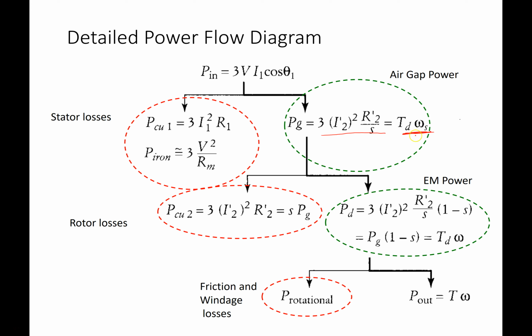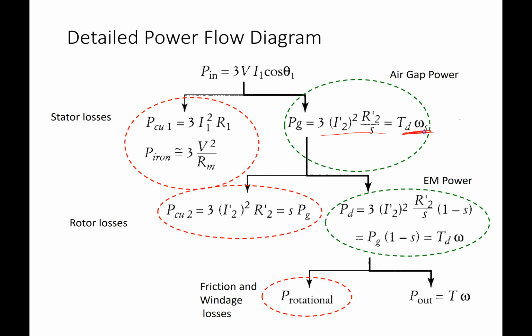Notice very importantly that when we work with TD omega S, there is no 3. This is not a per phase system, because this is the actual torque developed by the machine. It took 3 phases to give us this power to develop this torque, but there is no phase associated with the torque.